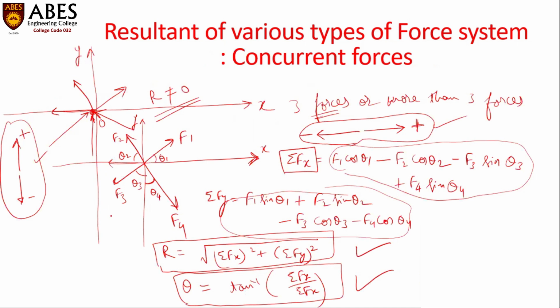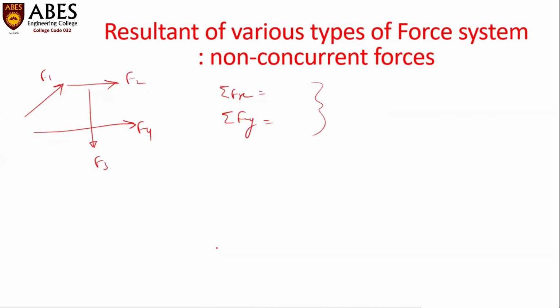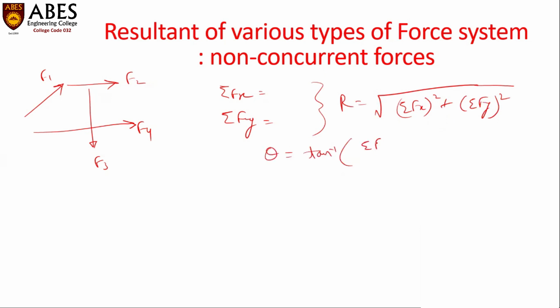Using the same formula, we can calculate the magnitude: R is equal to under root sigma Fx whole square plus sigma Fy whole square. So there is no change in finding the magnitude and direction of the resultant. The direction is tan inverse sigma Fy upon sigma Fx.